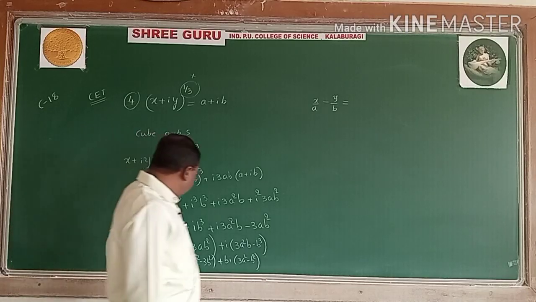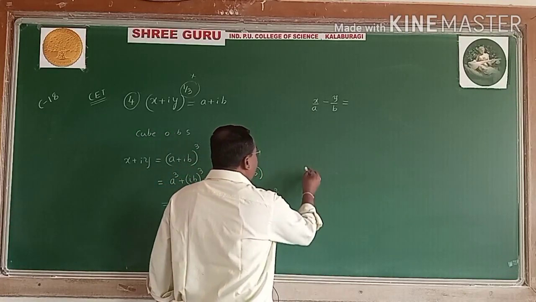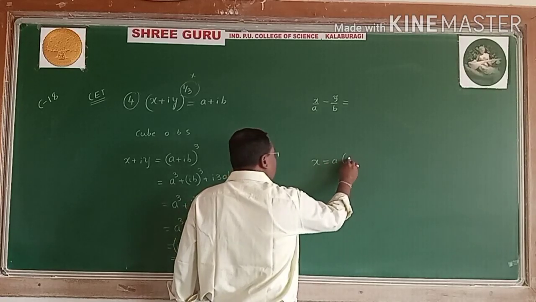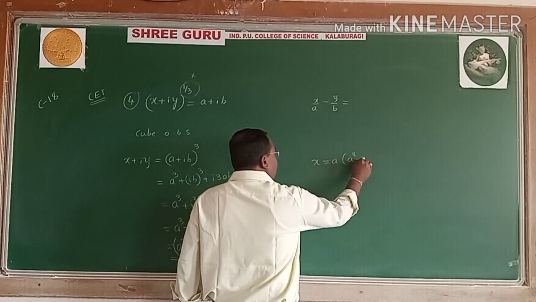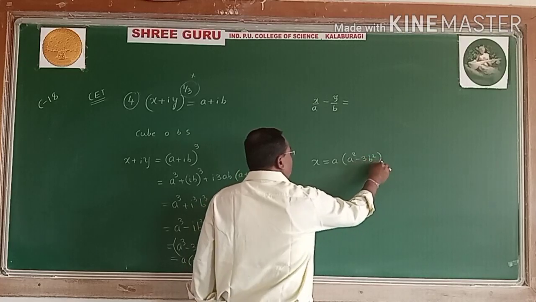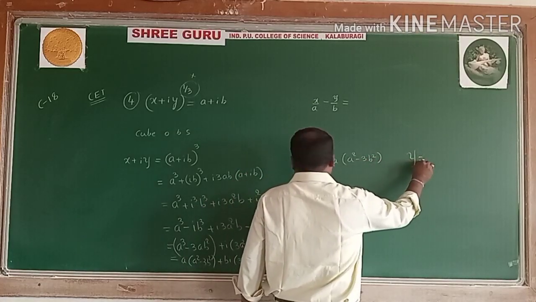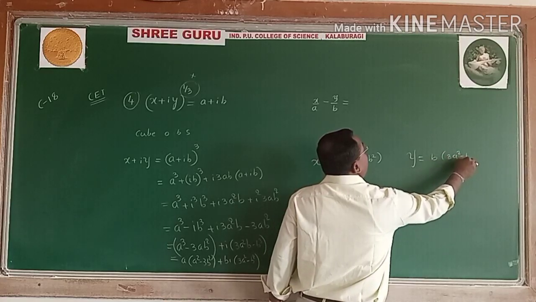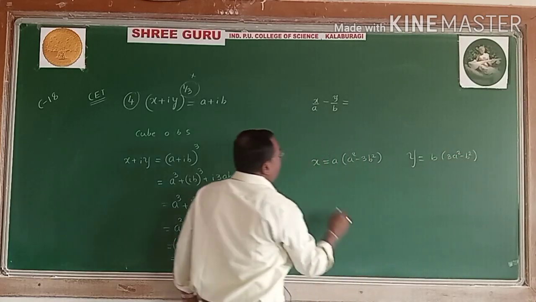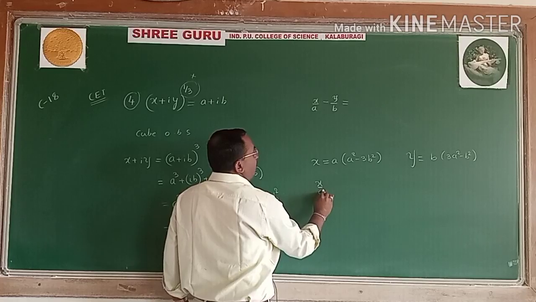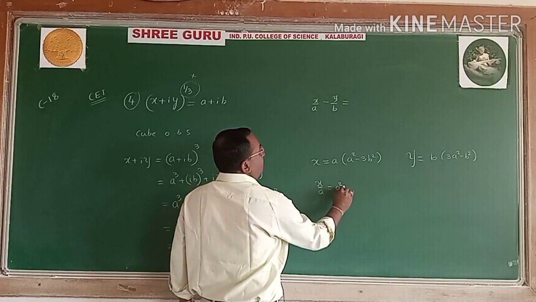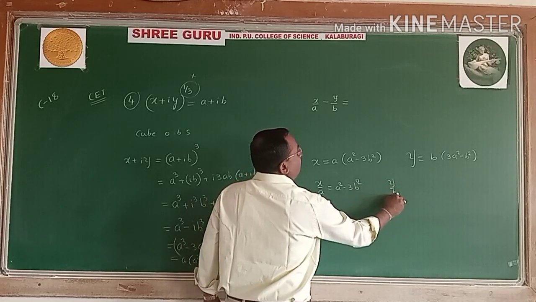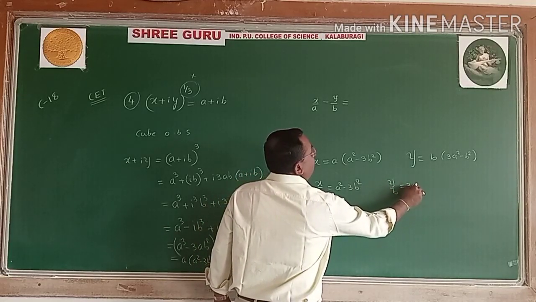Here equate real and imaginary parts. x is equal to a times (a square minus 3b square), y is equal to b times (3a square minus b square). So x by a is equal to a square minus 3b square, and y by b is equal to 3a square minus b square.